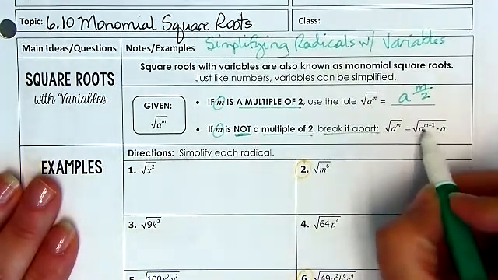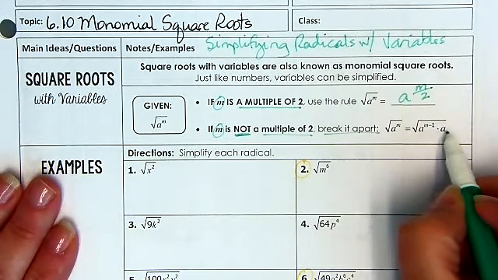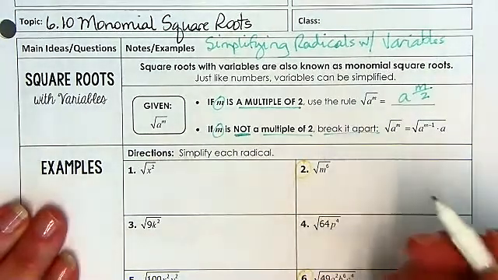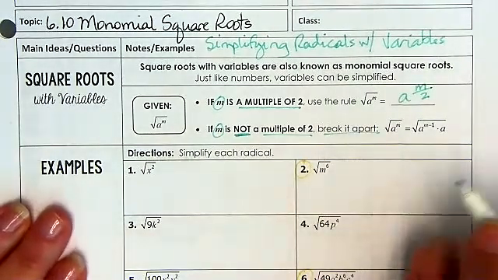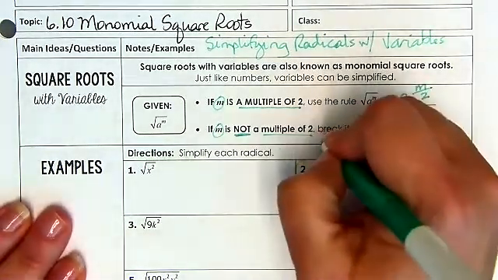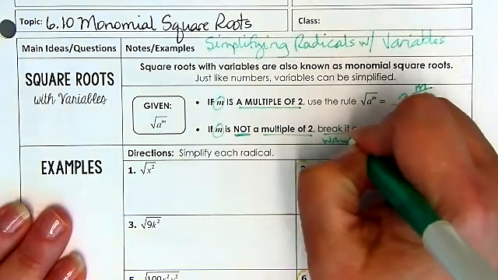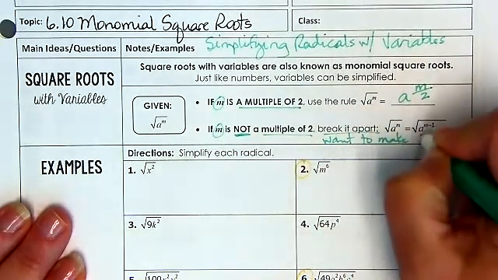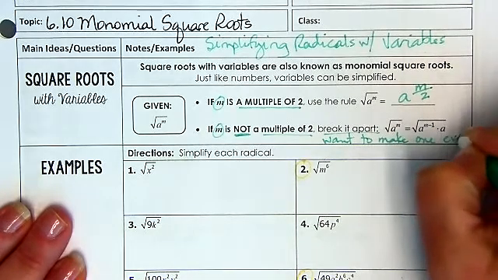So we're going to separate it to where it's a to the m minus 1 times a, so that you take out that one extra that makes it odd, so that now you have an even number. So what we're doing is we want to make one even.